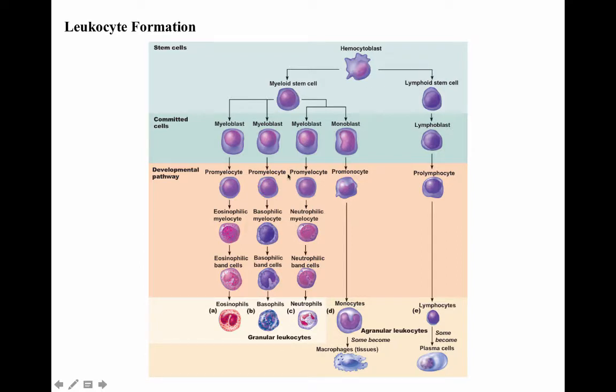Myeloid will move all the way through its movements to create eosinophils, basophils, neutrophils, and monocytes, and then some of these monocytes will become macrophages, and we'll take a look at macrophages and their outcome in a little bit. Some lymphocytes will become plasma cells.